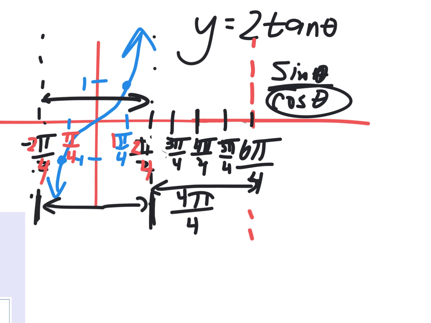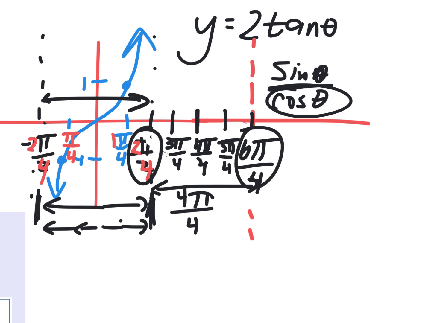Here to here, 4 pi over 4s. 1 pi over 4, 2 pi over 4, 3 pi over 4, 4 pi over 4 apart, right? So if I was at 2 pi over 4, I have to go over 4 pi over 4 before I hit my next asymptote. Okay.